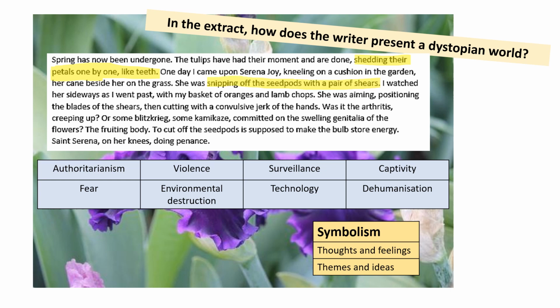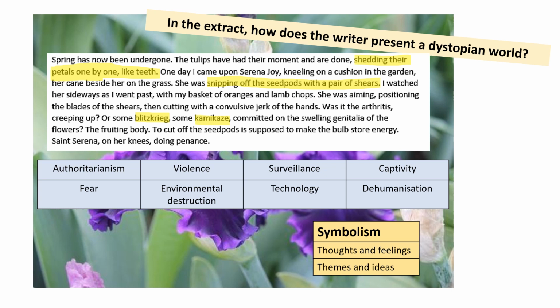And then we see Serena Joy snipping off the seed pods of the plants in this beautiful garden with a pair of shears. And it just seems very, very violent. She has this sharp blade and she's cutting these beautiful flowers. And it seems to me to symbolize violence. And then we get these two foreign words, blitzkrieg and kamikaze.